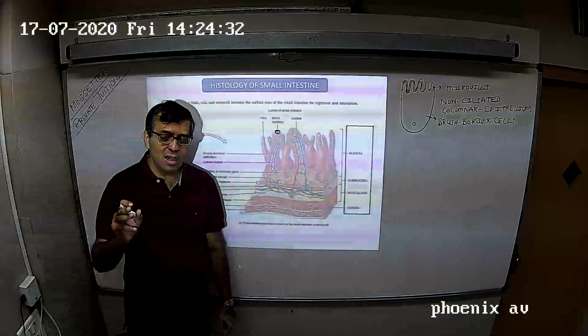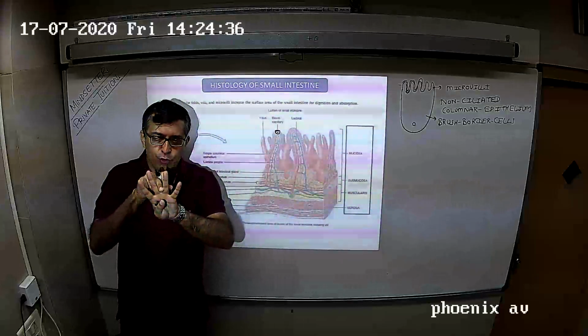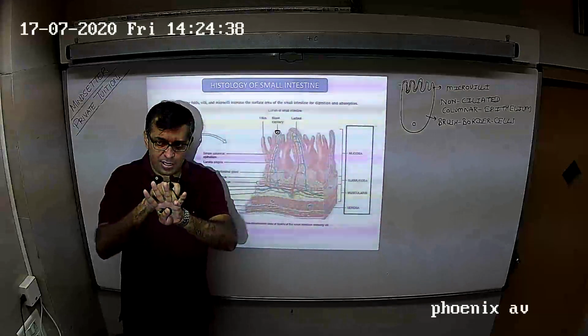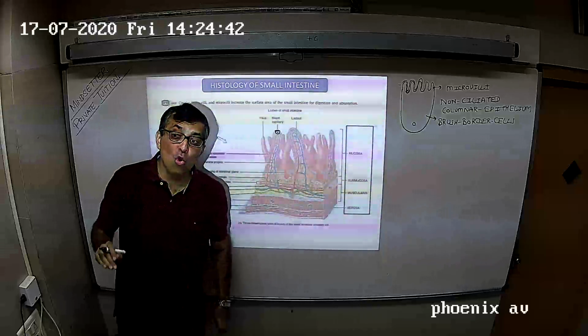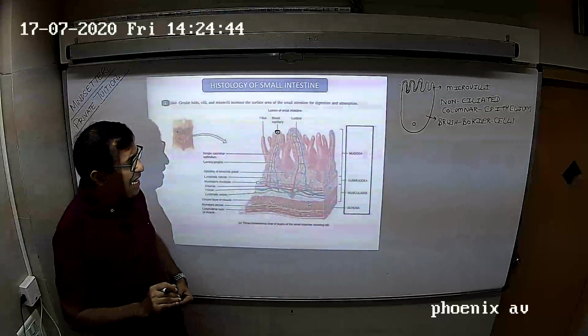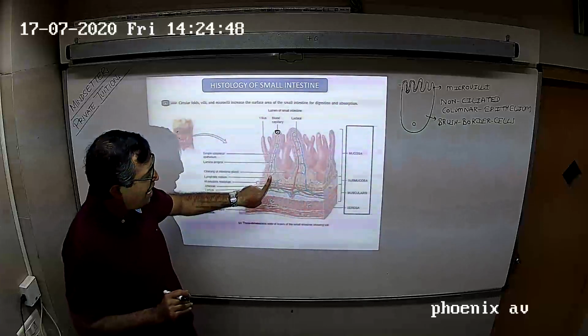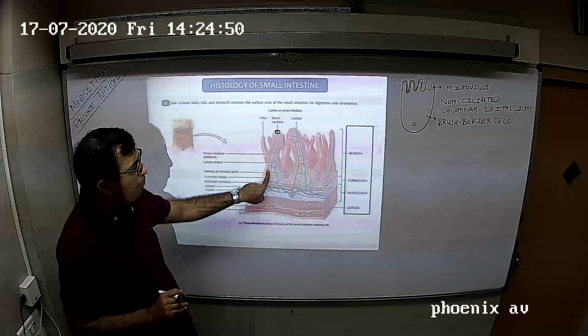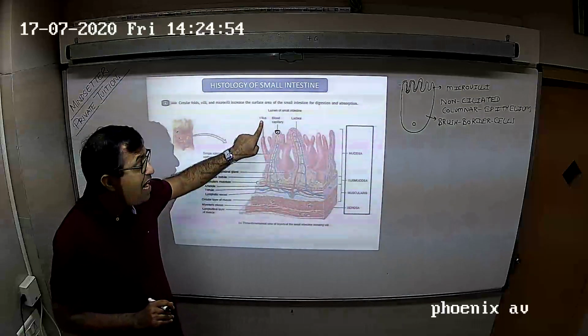And if you remember, in the stomach there were pits which were called gastric pits, and there were elevations which are called rugae. Similarly, in the intestine, the lamina propria extends to form finger-like processes which are called villi.